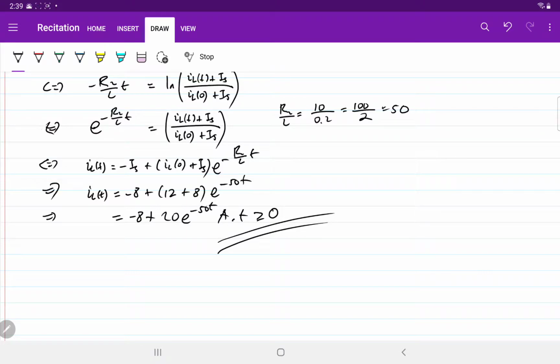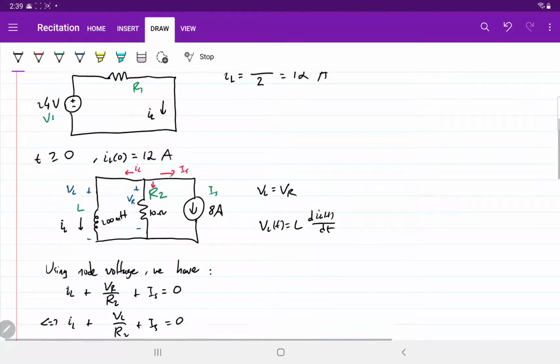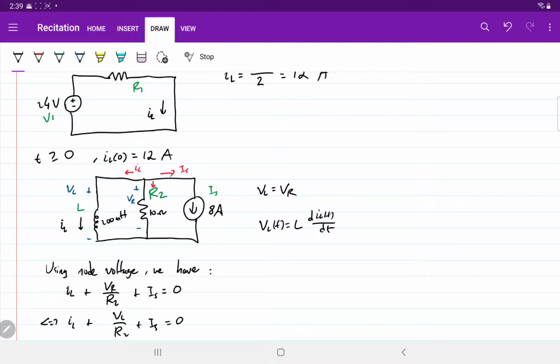And what happens when t is going to infinity? Well, you can see here. This circuit will be going on for quite some time when t is greater than or equal to 0, right? So what will happen when t is approaching infinity? Then again, this inductor will be like a wire, so you have a short circuit there.